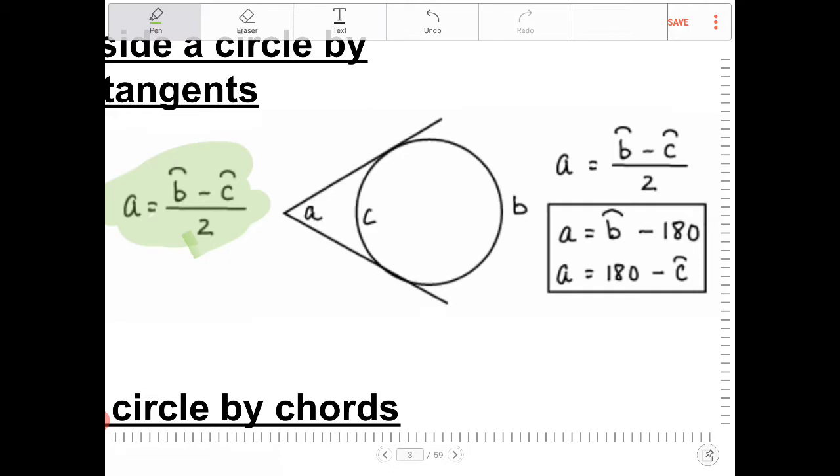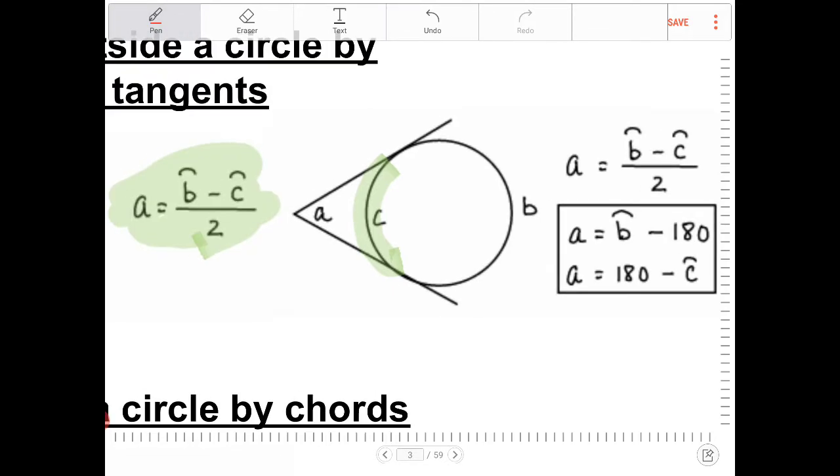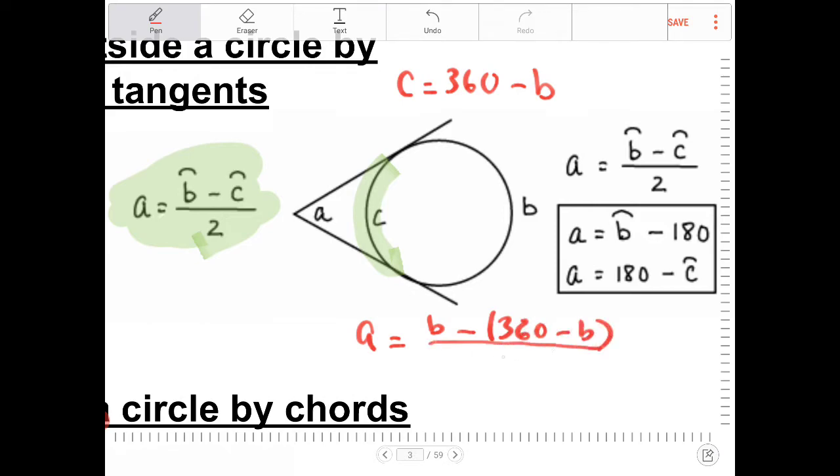There is a way for us to manipulate this a little bit. Recognizing what C is, C could be interpreted in terms of the letter B. We can say C is equal to 360 minus B. And if C is equal to 360 minus B, we can then say A is equal to B minus (360 minus B) over 2.